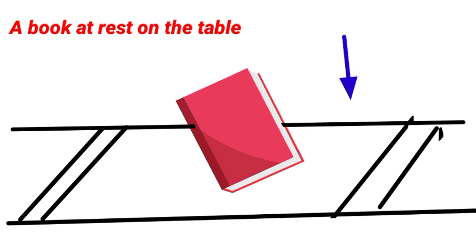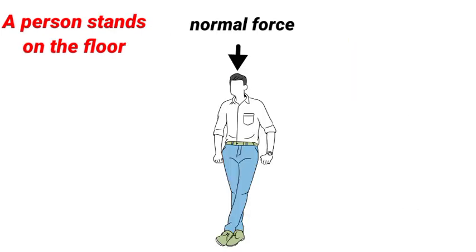On occasion, a normal force is exerted horizontally between two objects that are in contact with each other. For instance, if a person leans against a wall, the wall pushes horizontally on the person.